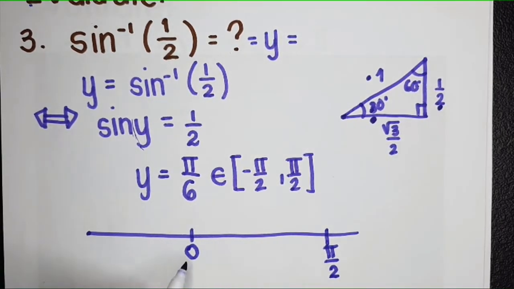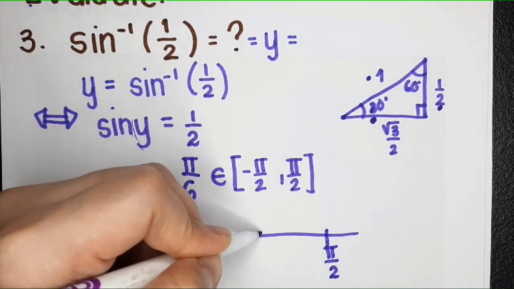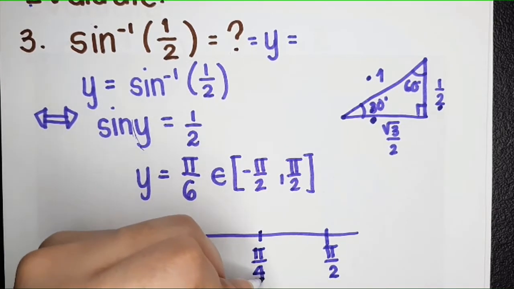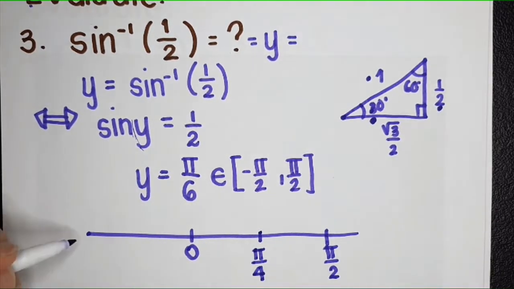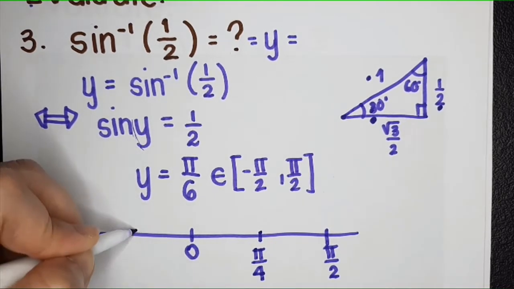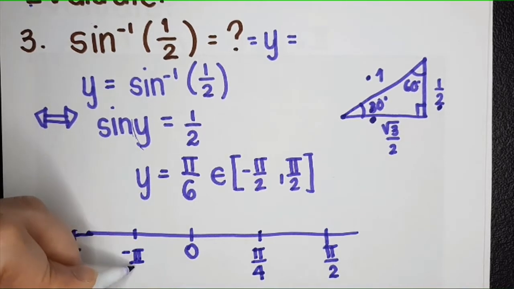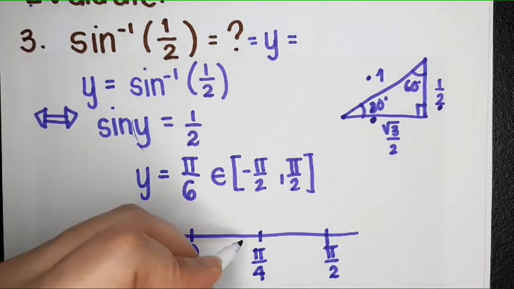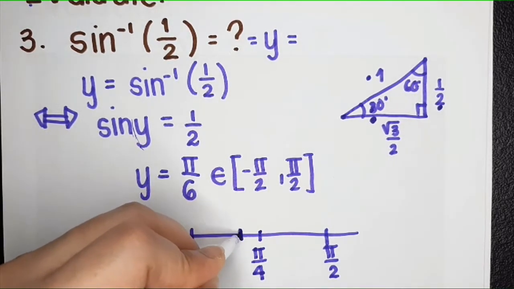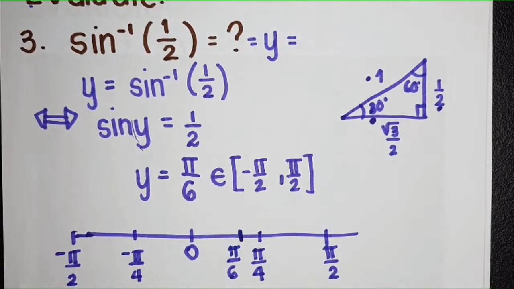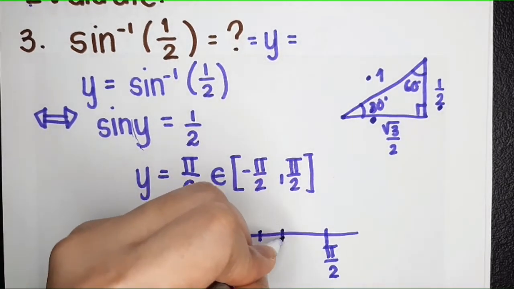Yung gitna nila, ito yung pi over 4. Tapos, kapag meron ka ditong negative pi over 2, itong saktong nasa gitna nila, this is negative pi over 4. Tapos, yung pi over 6, andito. Medyo malapit kay pi over 4. So, nandyan ang pi over 6. Yung pi over 3, nandito.